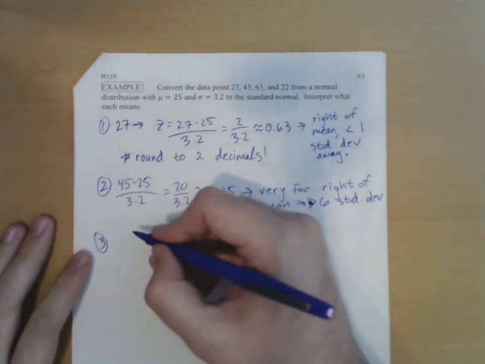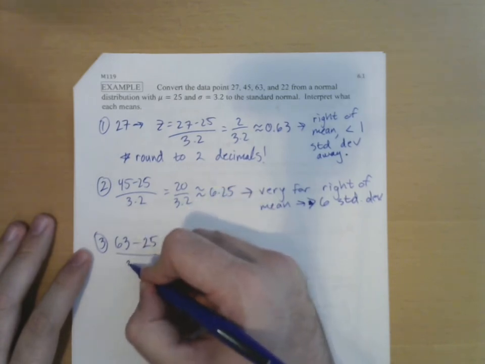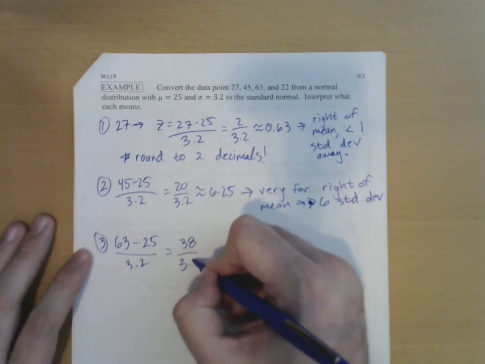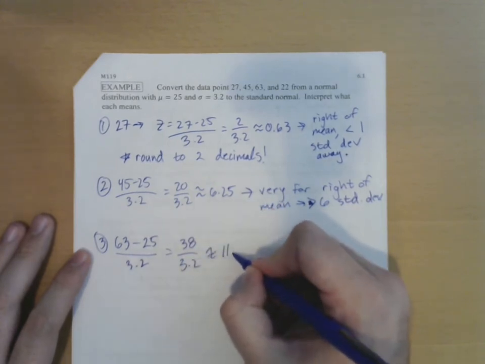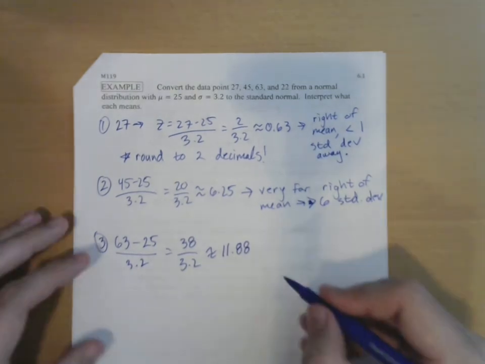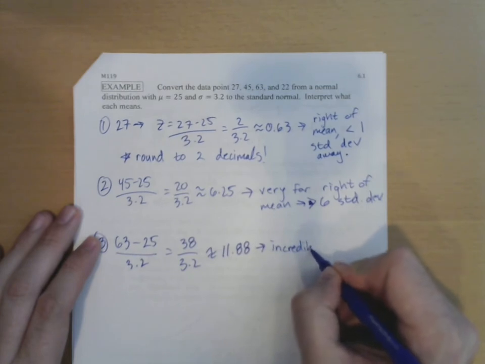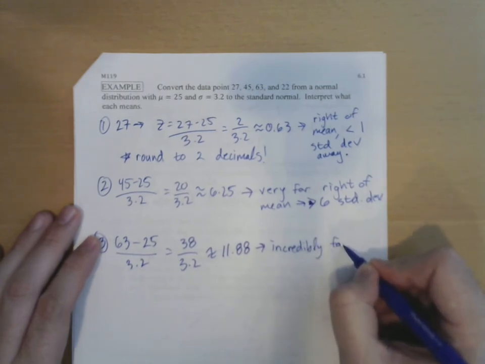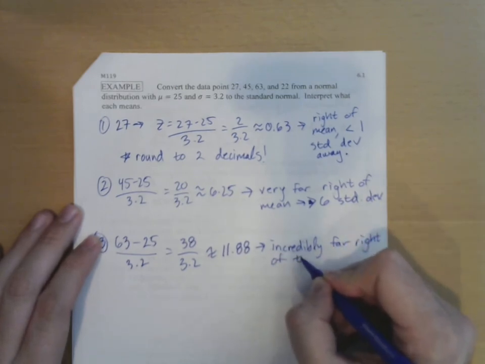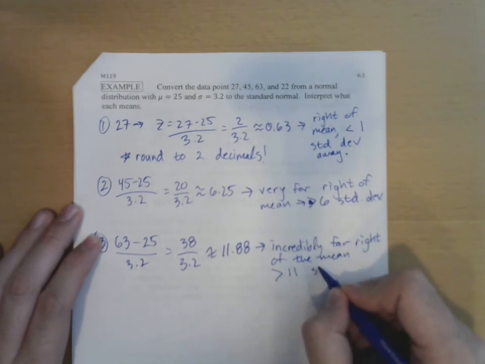But now if we go to number 3 and we go to 63, minus 25 over 3.2, this is 38 over 3.2, or approximately 11.88. Well, this is incredibly far to the right of the mean. Greater than 11 standard deviations away.